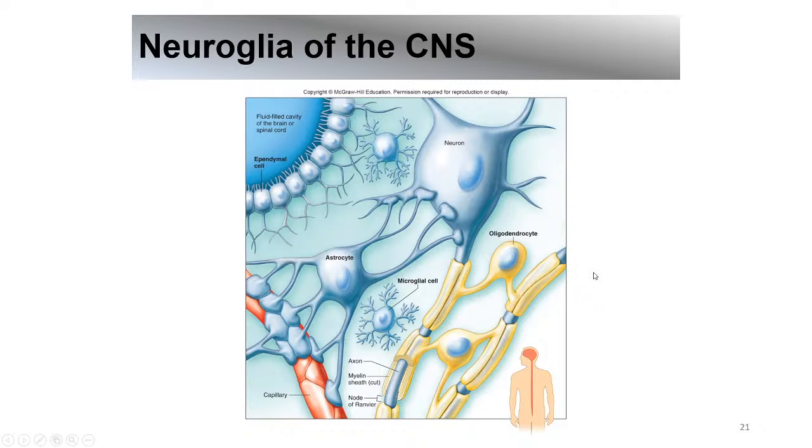All right. Neuroglia of the CNS. So you can see a couple of different ones here. In the central nervous system, there are four. We've got the oligodendrocyte here, which is going to produce the myelin sheath for the axons of neurons. Now, an oligodendrocyte is going to reach out to a couple of nearby axons. Whatever axons are nearby, it'll reach out and produce the myelin sheath.